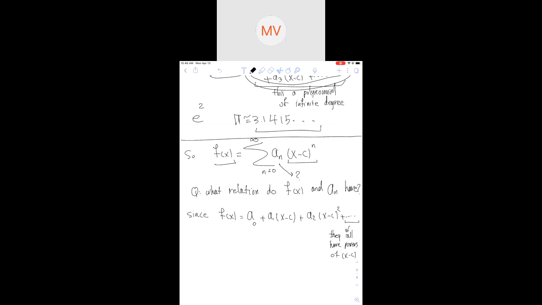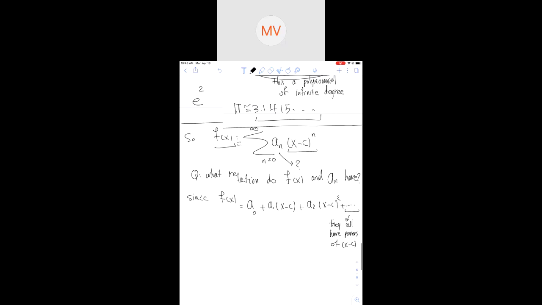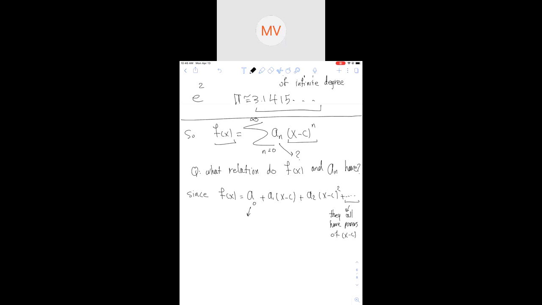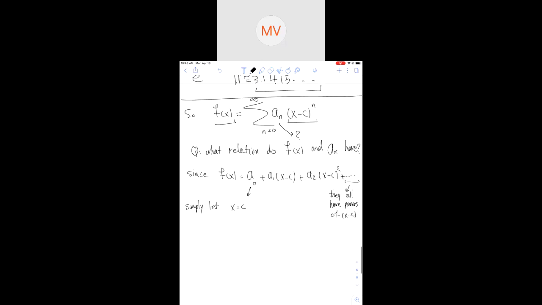The next one is (x minus c) cubed, to the fourth, and so on. I want to find this one first. How? Simply let x equal c. If you let x equal c, what happens to all these terms?